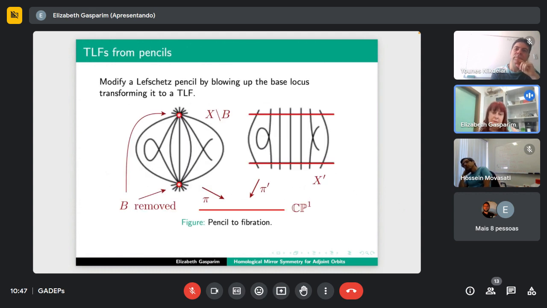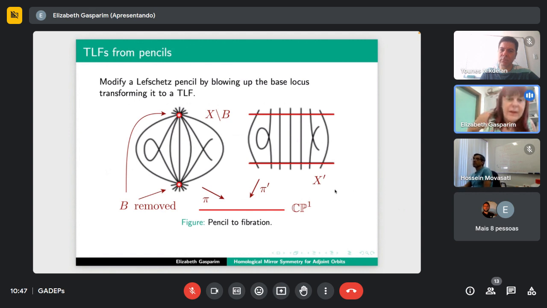So let's suppose that this fibration that's drawn here on the right-hand side is obtained from this pencil that has this base locus with these red dots. You can blow up the base locus and obtain a topological fibration. This works out nicely. So in theory, for higher dimensions, you could also take Lefschetz pencils in any variety, blow up the base locus and look at the corresponding fibration.